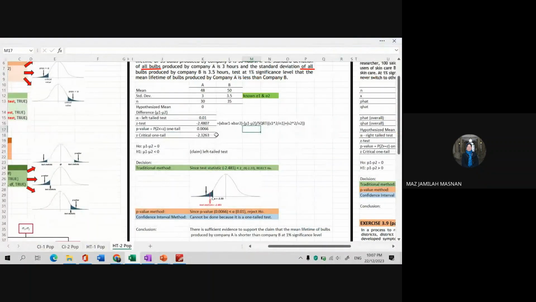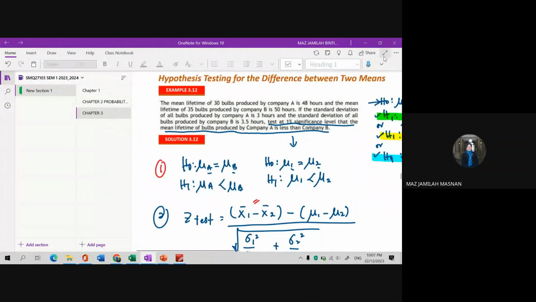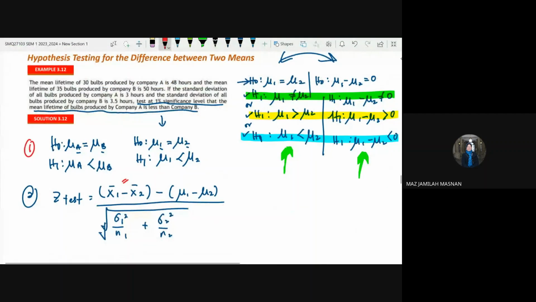The mean difference for 48. So it would be 48 minus 50. The mean lifetime of the A48 is 50, and this one is equal to 0. This is according to the given situation.